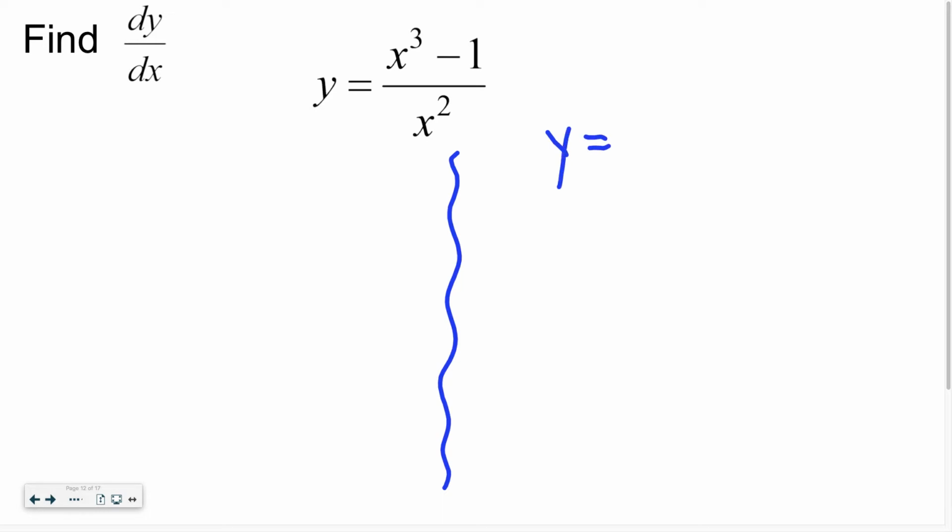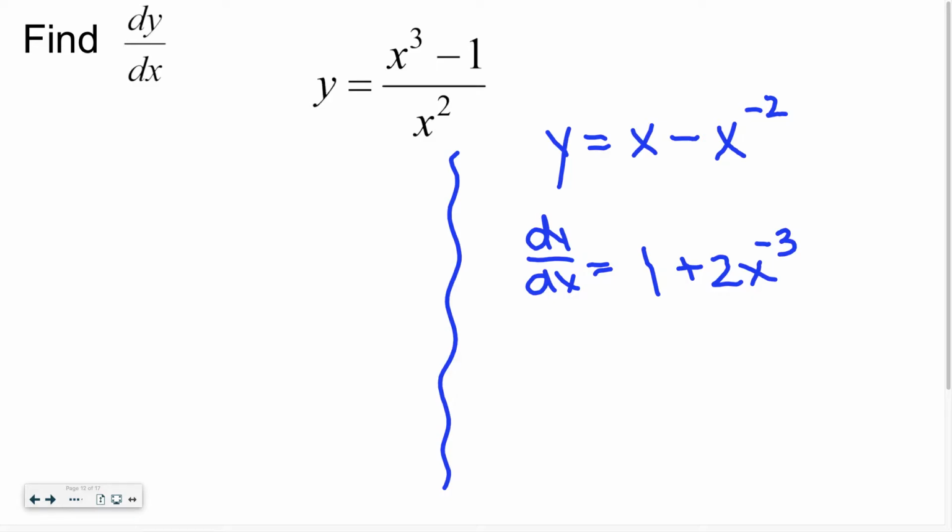So you would have written x minus x to the negative second, which means our derivative would be 1 plus 2x to the negative third. Or maybe you don't recognize that that can be split up and you think, hey, it's a fraction.